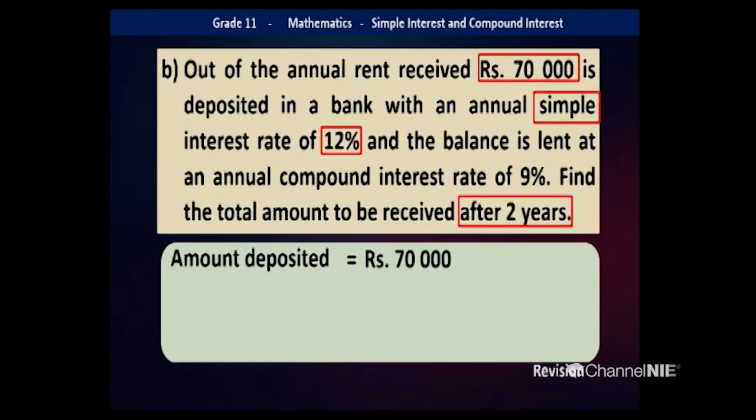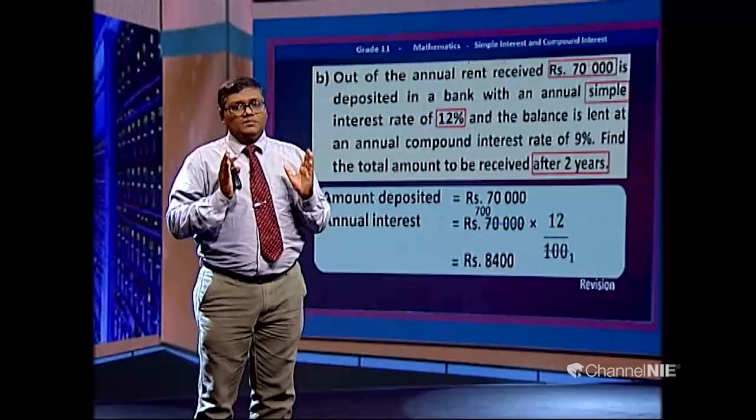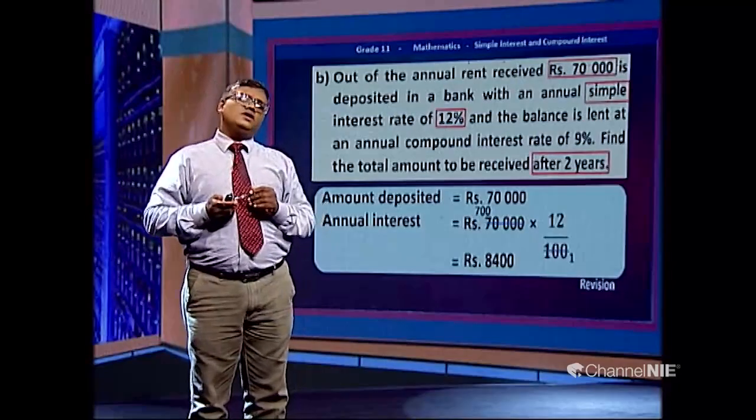Then this 70,000 is deposited at 12% interest rate, 70,000 into 12 upon 100. When you divide 70,000 by 100, answer is 700. 700 into 12, 8,400. 8,400 per annum. For 1 year, it is 8,400.